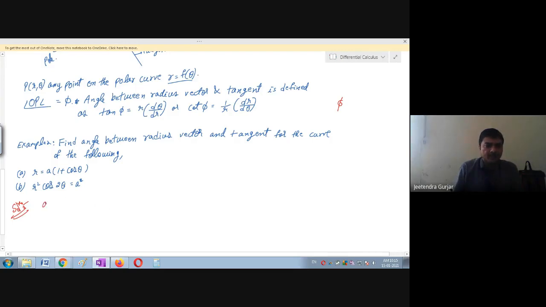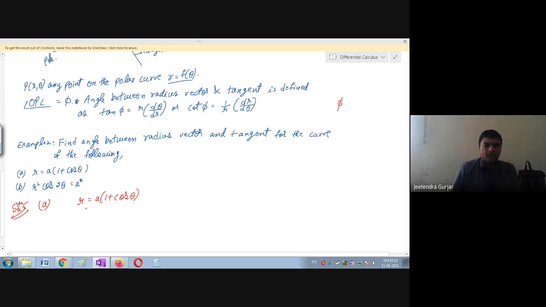This is the first one I'm going to take. Whatever is given, first you have to write: r is equal to a into (1 plus cos theta). They have told us to find the angle between radius vector and tangent for the curve. Keep this in your mind.